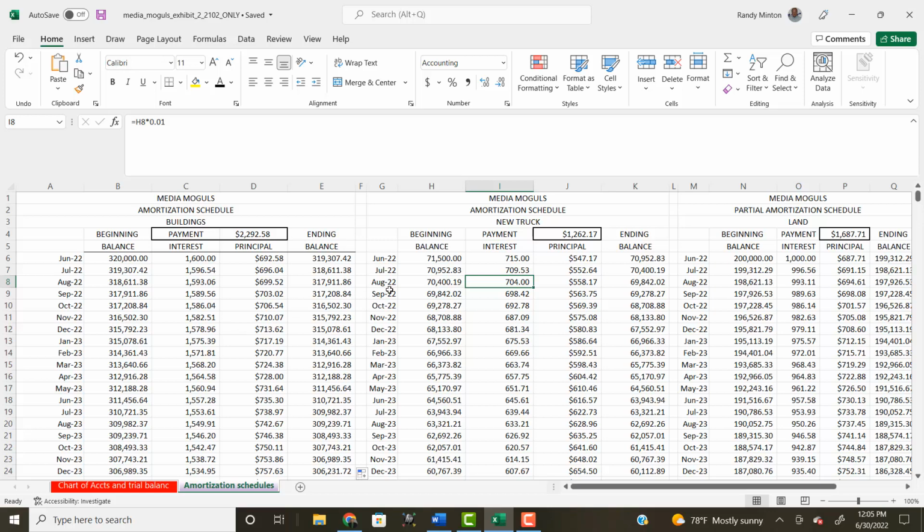But again, on any of these that you do, you're going to start out by taking the beginning balance. That's your present value. This is the interest that you'll calculate. This is the principal. And this is the ending balance. Notice that always the ending balance is less by that number.